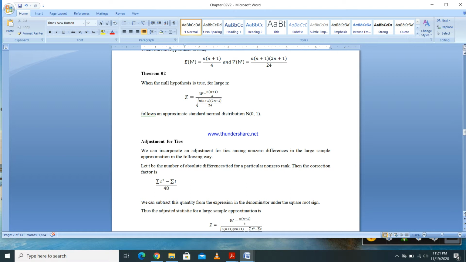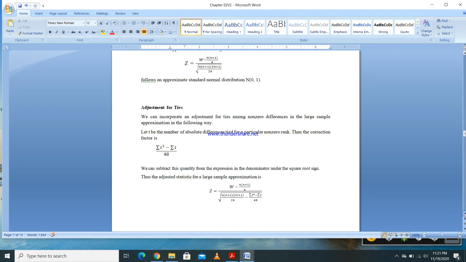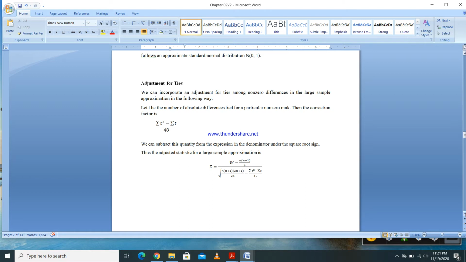You can see my cursor, this is the correction that you have to use. We use this formula for the correction for the ties. If you are going to use the large sample approximation for the data set under the Wilcoxon Sign rank test, and if you have tied values, then you have to take the large sample approximation formula and use this tied adjustment.